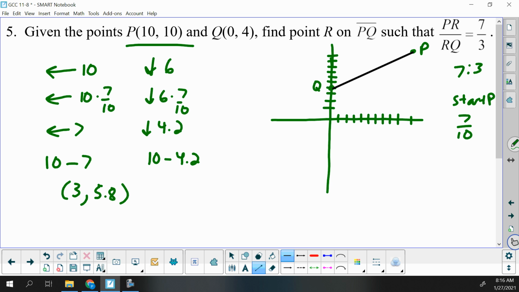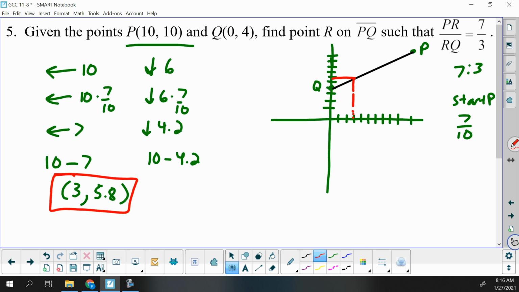So here's 3. 5.8 is about there, so that seems reasonable. (3, 5.8).